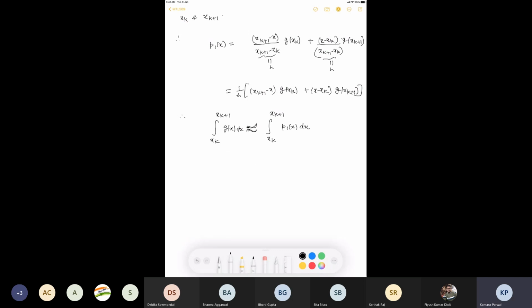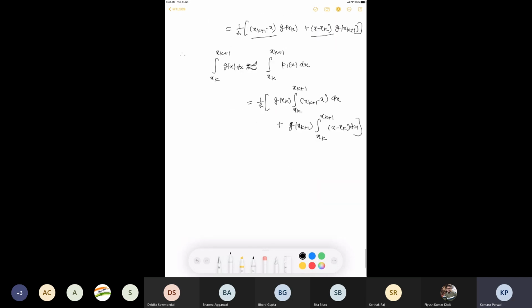You can again integrate these terms and simplify it, so I'm directly writing it. What do we get upon integration? You basically have 1 by h times g of xk times the integral from xk to xk plus 1 of (xk plus 1 minus x) dx, plus g at xk plus 1 times the integral from xk to xk plus 1 of (x minus xk) dx.